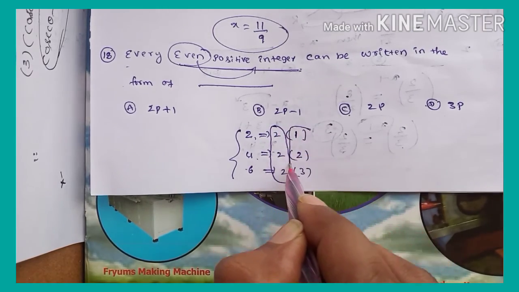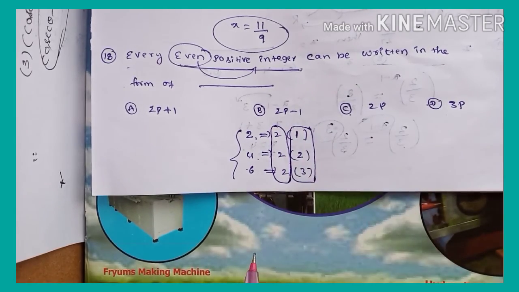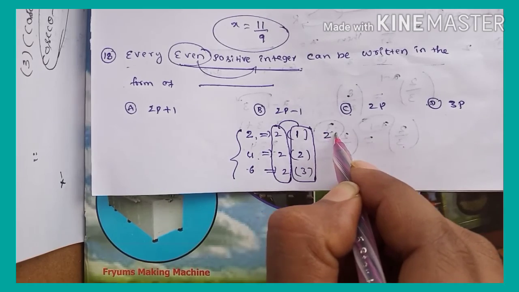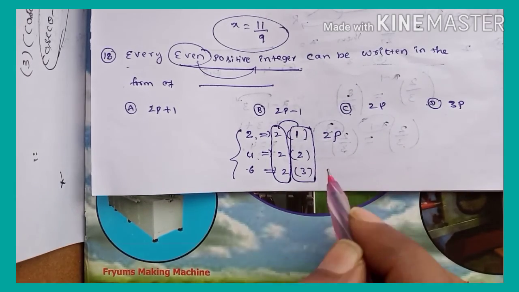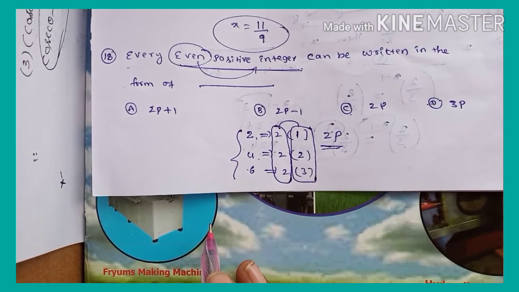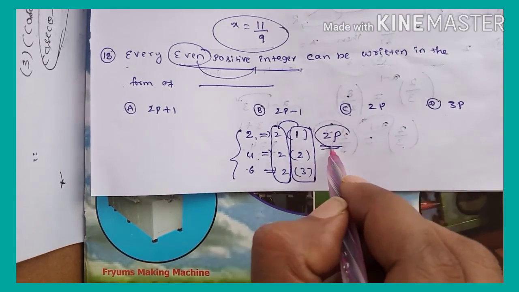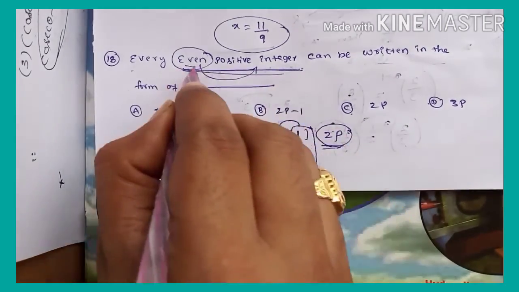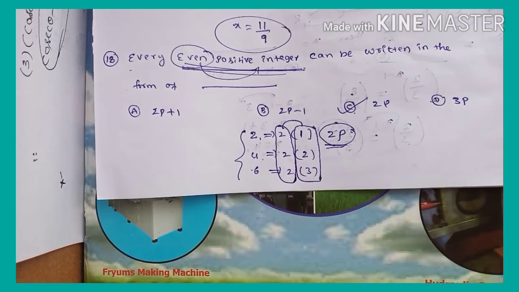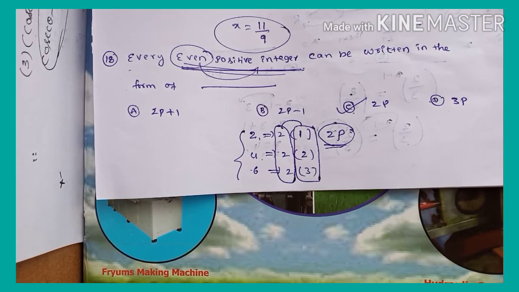That something you can write as p, where p is any positive integer. So 2p is called the general form of an even positive integer. So C is correct.